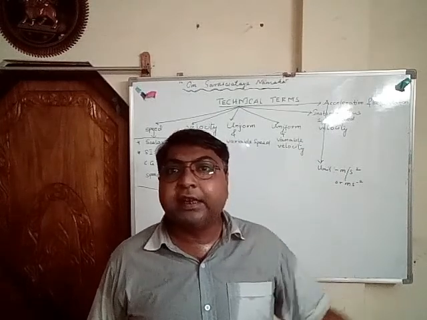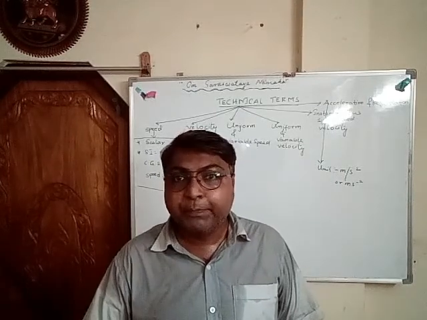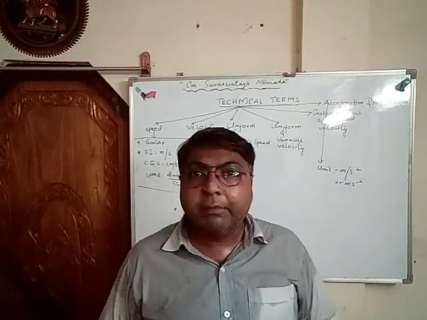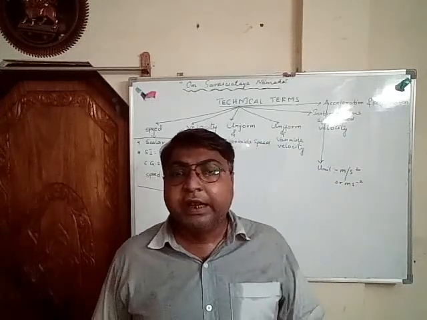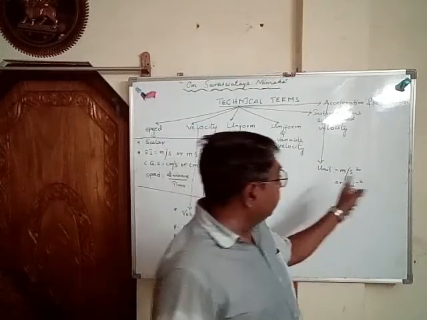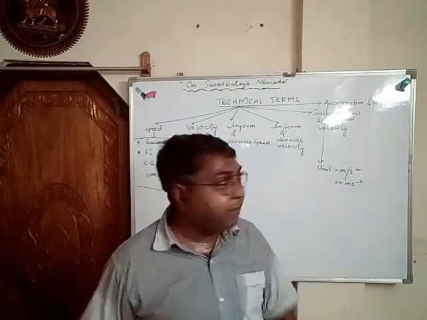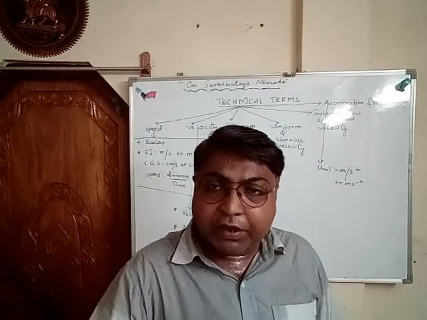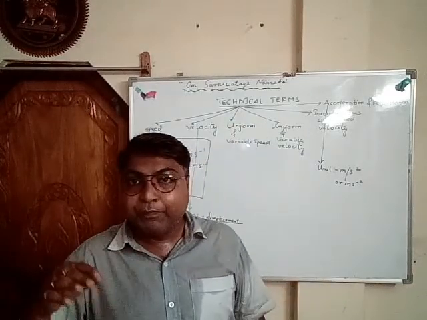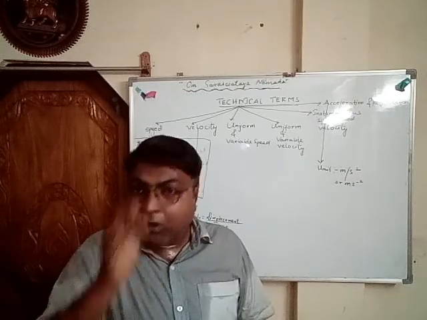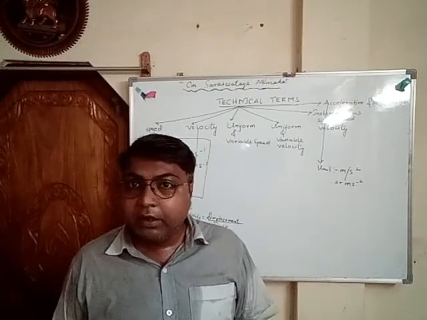But in case of acceleration, the velocity is positive here. So retardation is basically nothing but negative acceleration. It is also known as deacceleration. The unit of retardation is the same as acceleration. Clear? Retardation is also known as deacceleration or negative acceleration.